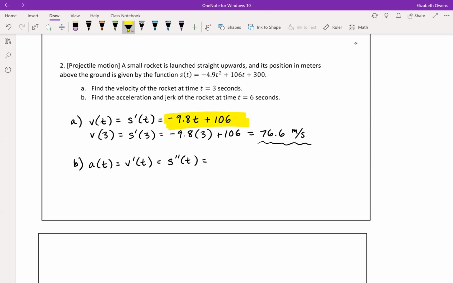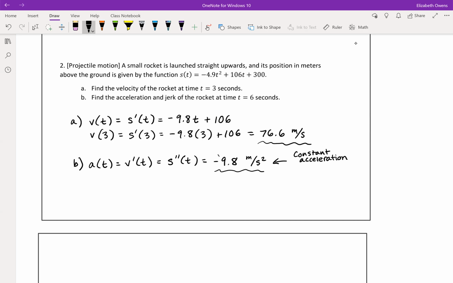The derivative of negative 9.8t is just negative 9.8 times 1, so negative 9.8. And the derivative of 106 is 0. So we end up with a constant acceleration. Our units are meters per second squared.